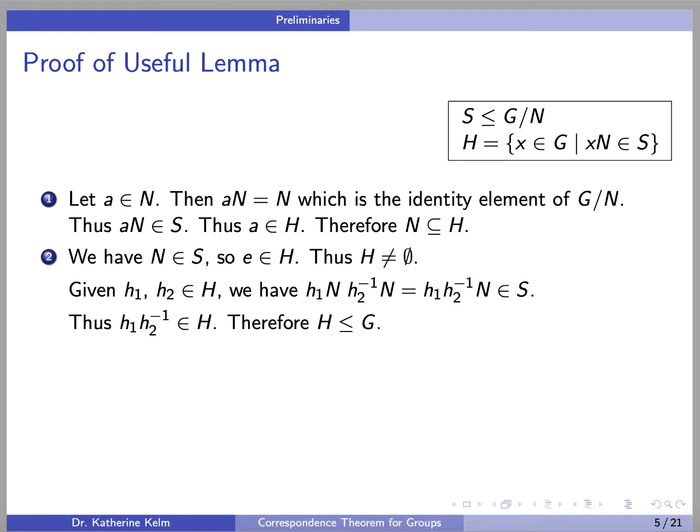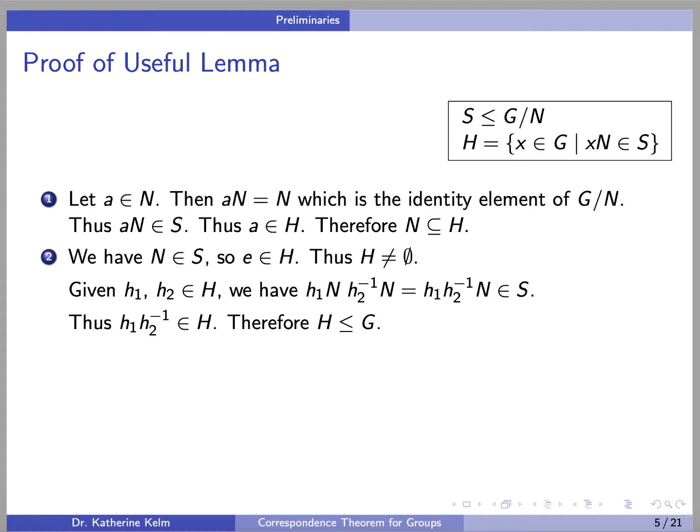For the second part, we need to prove that H is a subgroup of G. This is elementary as well. We have N is an element of S, so e is an element of H. Thus, H is non-empty.